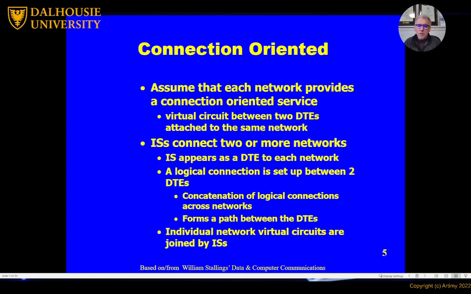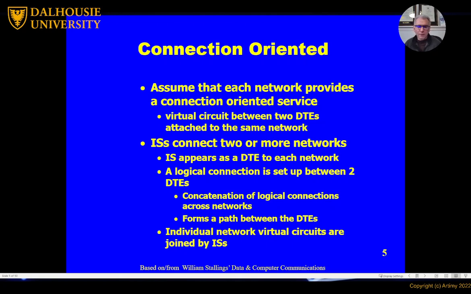But in connection oriented, we need to make sure that the other side is ready to receive traffic before we send anything. So it is sort of establishing a virtual circuit, but here the virtual circuit doesn't necessarily mean that we are booking a path in all switches, like we talked about virtual circuits in other technologies.